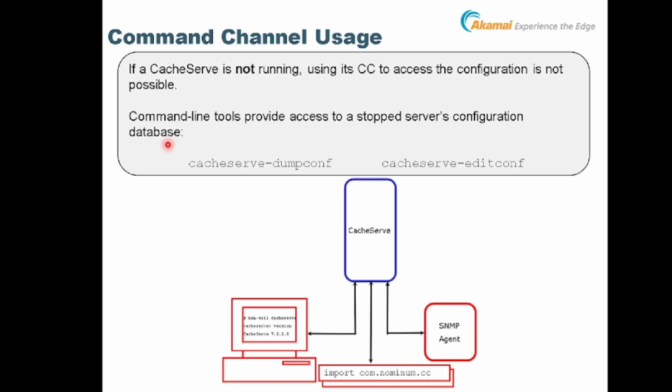So there is a database which is a VDB2 database. It's a proprietary format. I'll say a little bit more about that later on. So when CachEserve is running, one accesses that database through the command channel.